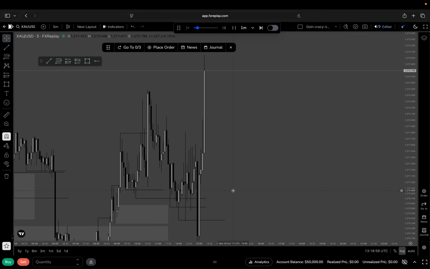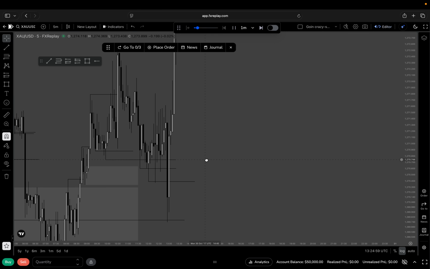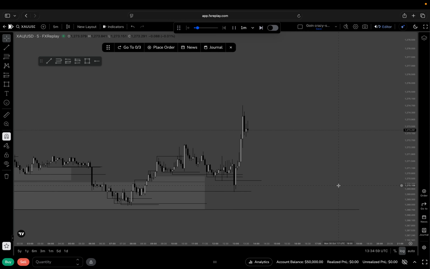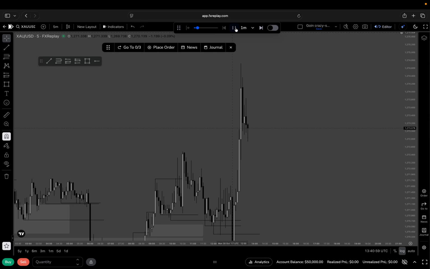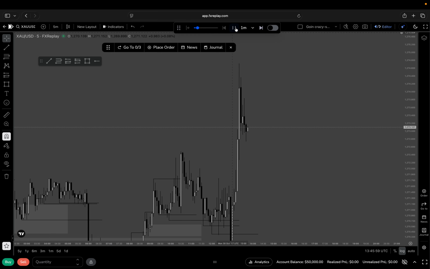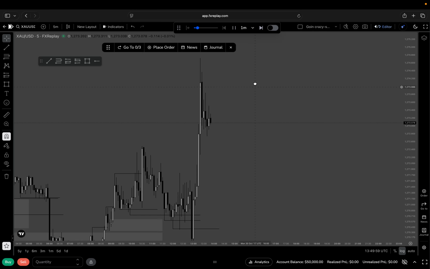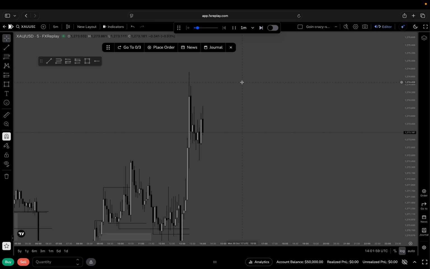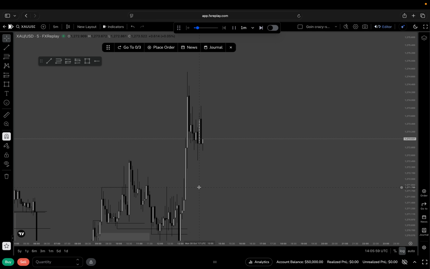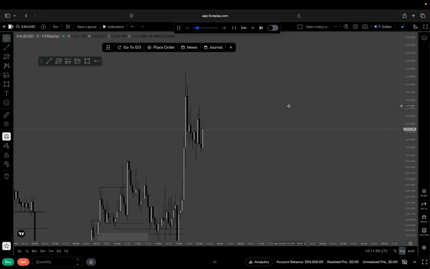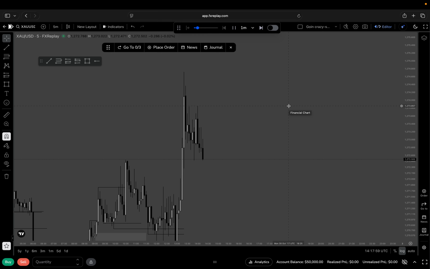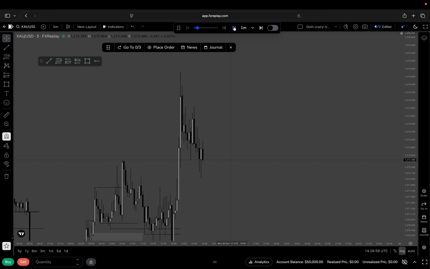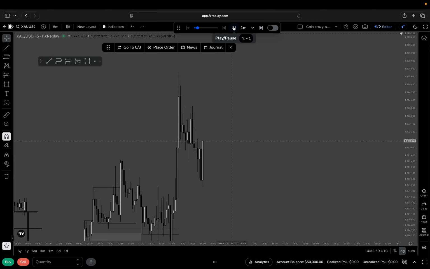This is super ugly. This technically would be a no trade day, to be honest. This is super ugly.